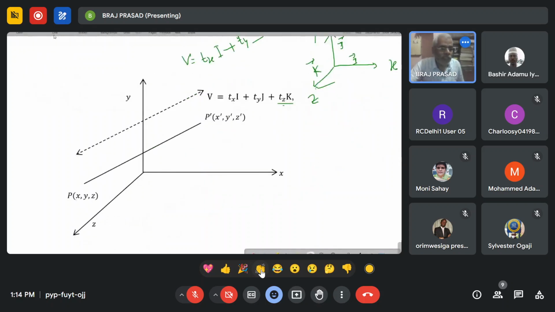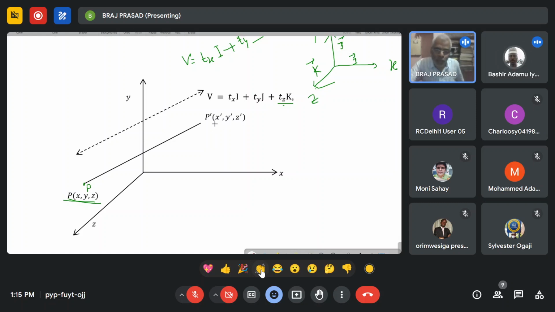Suppose there is a point P in 3D. The coordinate of this P is x, y, z. Suppose this is our point and this point is our object. Since it is a point, there is only one coordinate for this P, and that coordinate is x, y, z. If we move or translate this P to P dash, then this x, y, z becomes x dash, y dash, z dash.